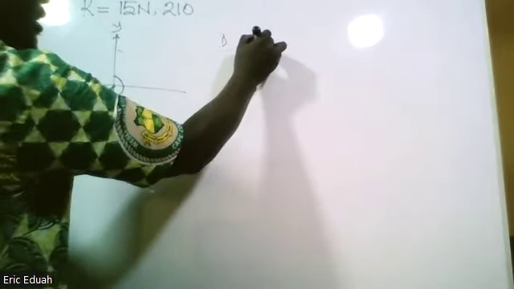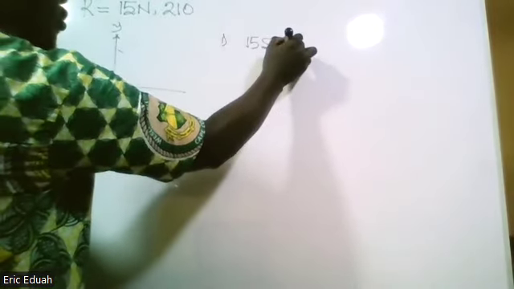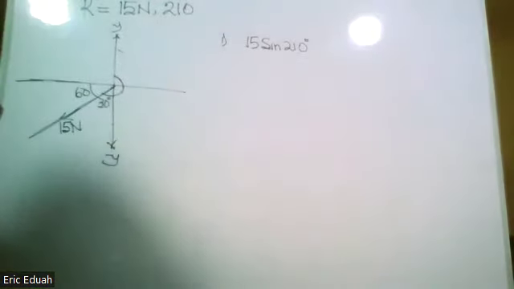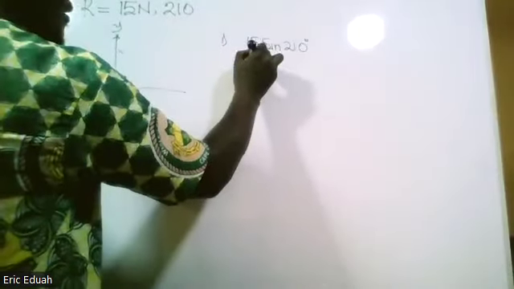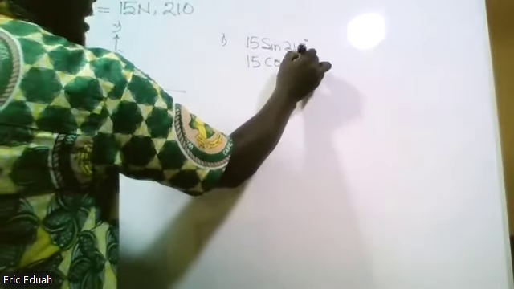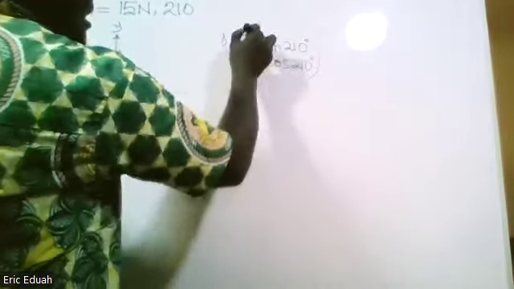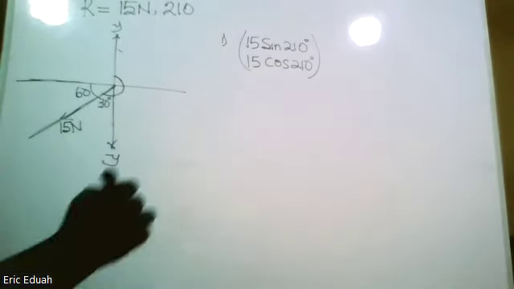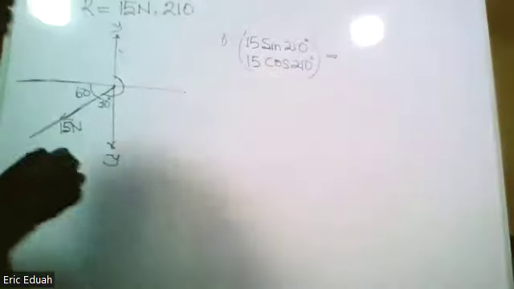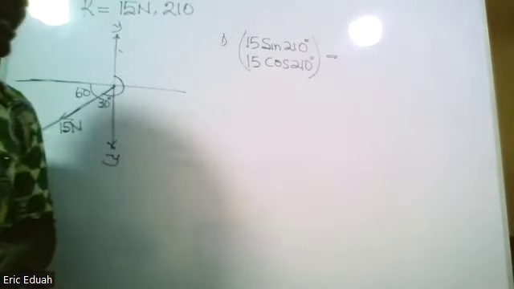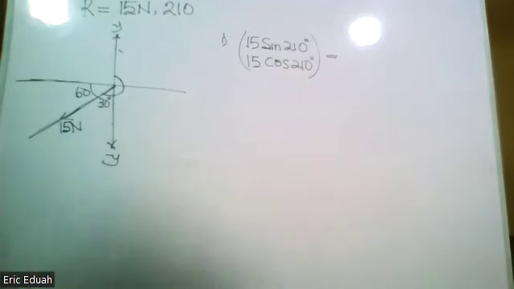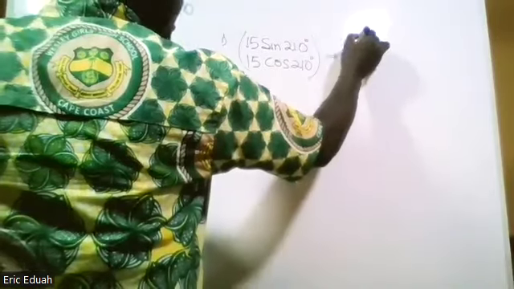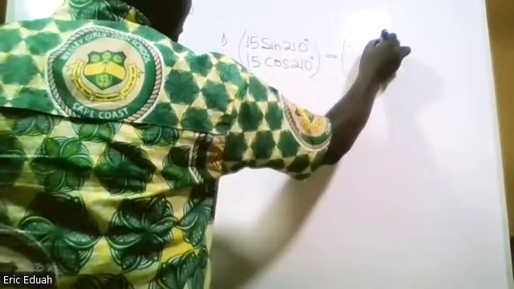So 15 sine 210 degrees, and then 15 cos 210 degrees would give me the answer direct. And this is equal to, what is 15 times sine 210? It must be a negative value. Negative 7.5 Newton.